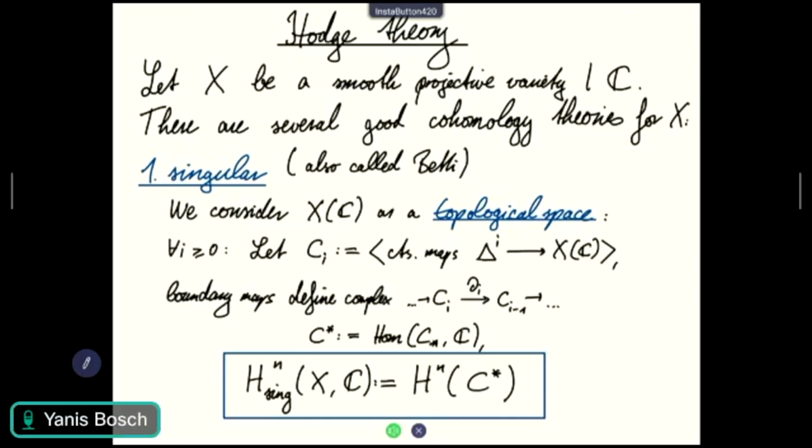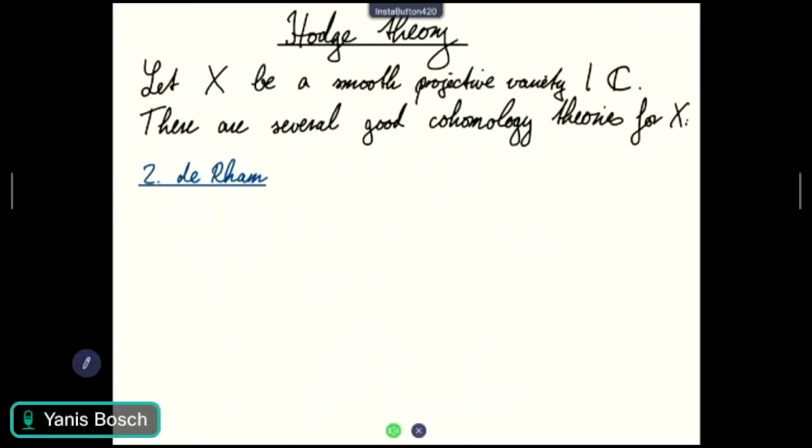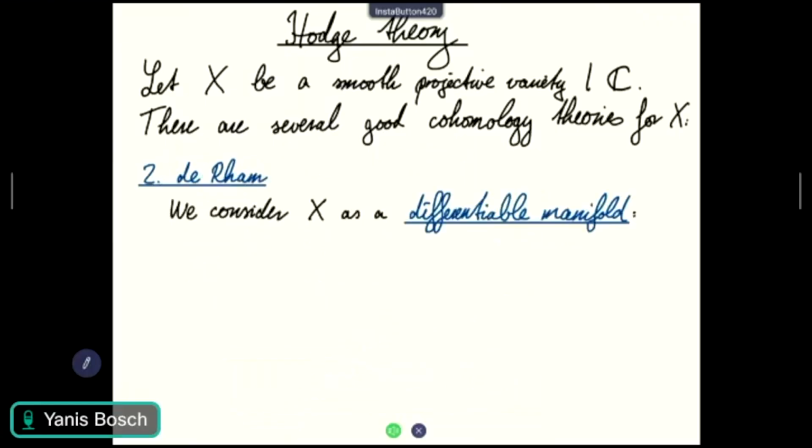Okay, and the next thing I could do is to put myself in this framework of complex manifolds. And then I would arrive at de Rham cohomology. This is what happens if I instead consider X not as a topological space, but as a differentiable manifold.